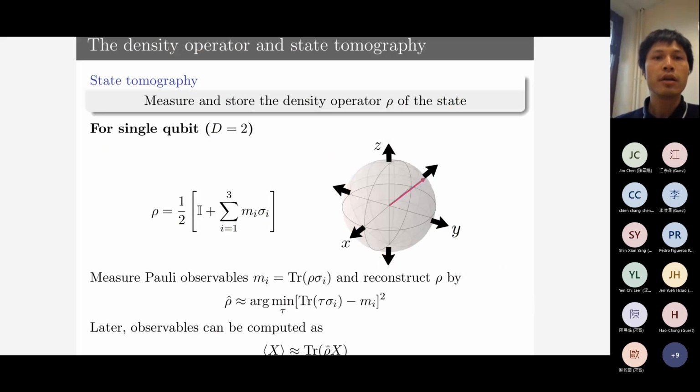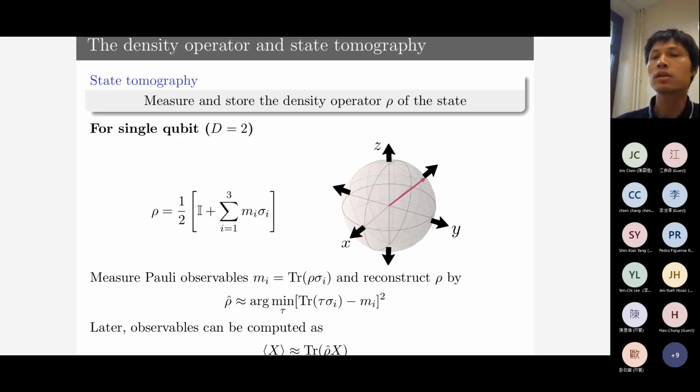The simple way that we used to think about is certainly state tomography. What does it mean? It means that the information in the quantum state of the system is totally contained in the density operator rho. And what we do is just measure and then infer rho.